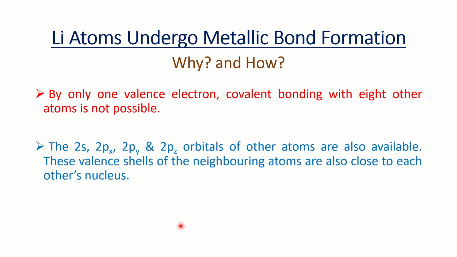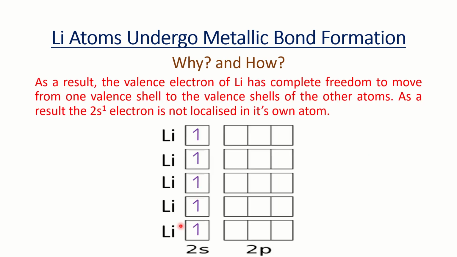But the 2s, 2px, 2py, 2pz orbitals of other atoms are available. And these valence shells of the neighboring atoms are very close to each other's nucleus. As a result, what happens? This is the 2s1 electron of this lithium atom. Now it can move here, it can pair up with this one, or move to px, here to pz of the third one, or here to py of the fifth one, anywhere out of these vacant 2p orbitals or half-filled 2s orbitals.